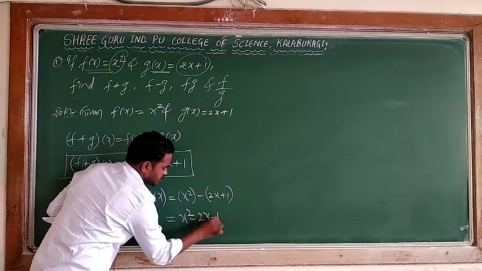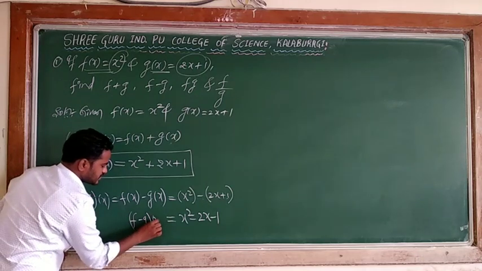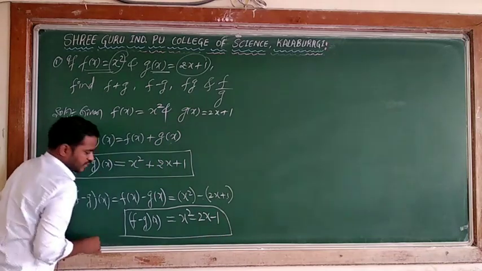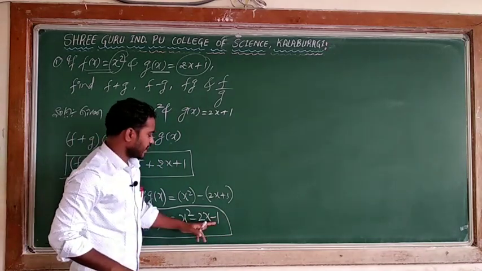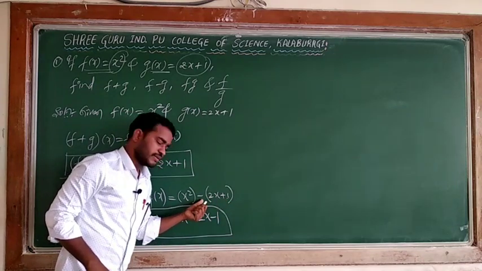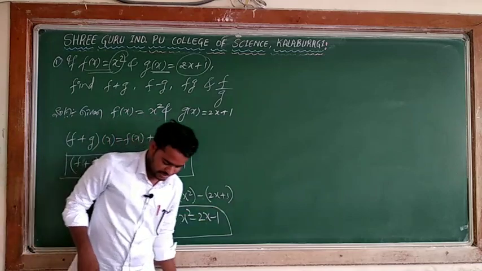So f minus g of x, the obtained function, is x square minus 2x minus 1, because when you open this bracket you get minus for both the terms.